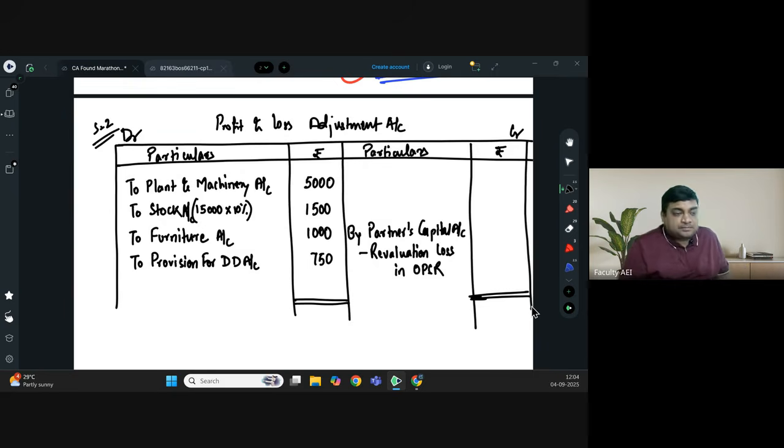Very simple. We have four assets on loss. In each case, the asset is decreasing.